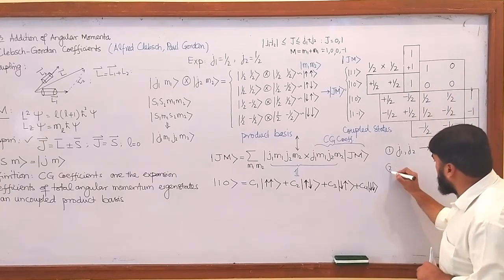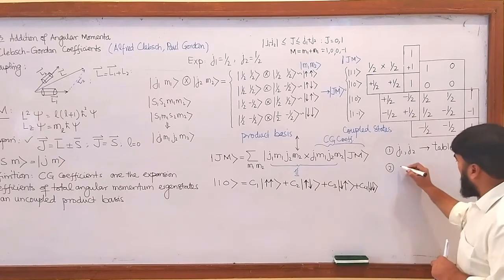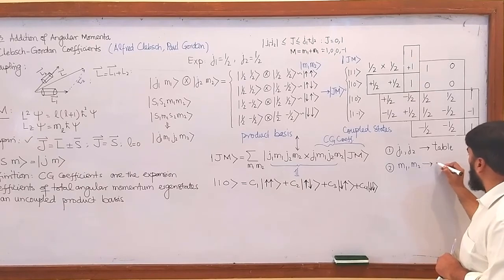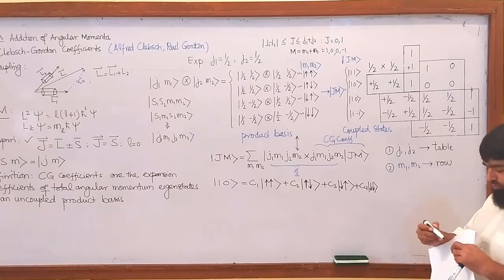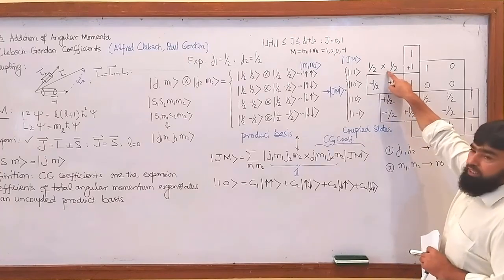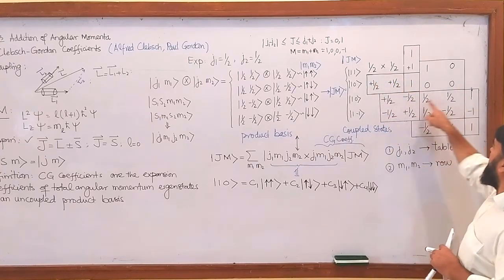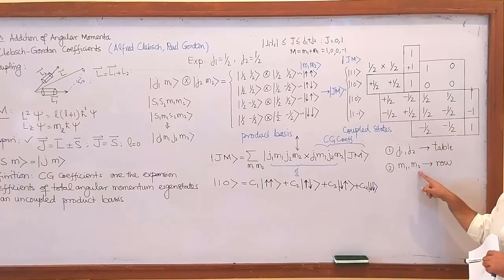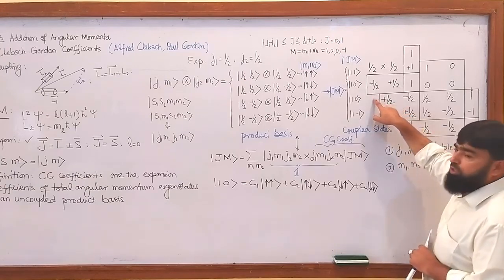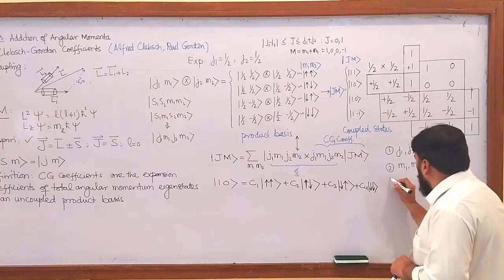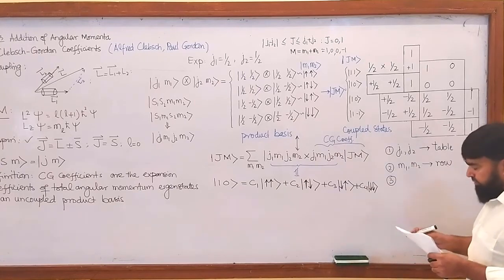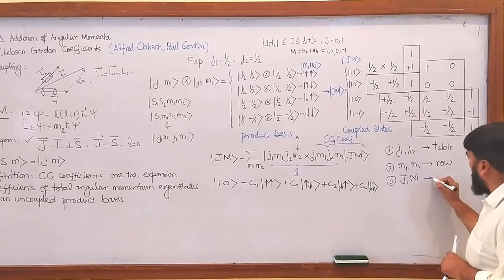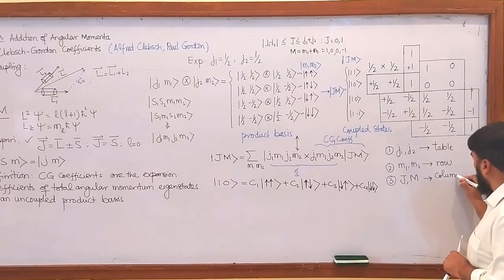The second thing: M1 and M2 will give you a given row. We have the table, and we have the rows in this form. For the given M1 and M2 values, we select a given row, while third, the capital J and capital M values will give us a column.